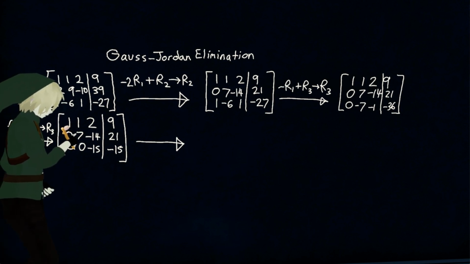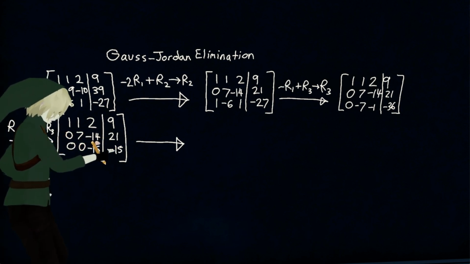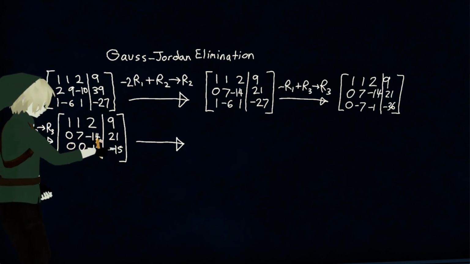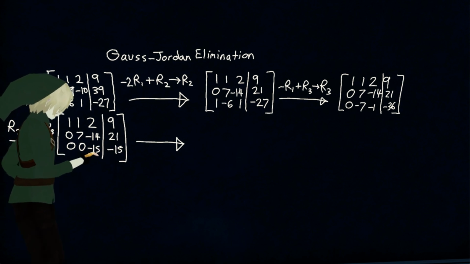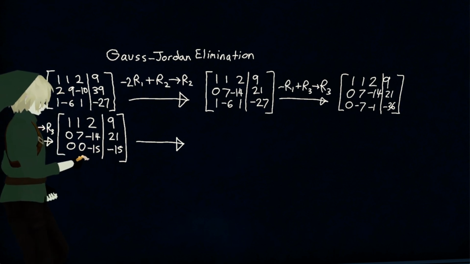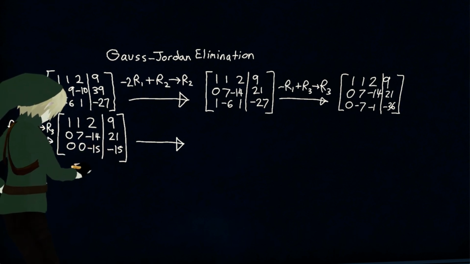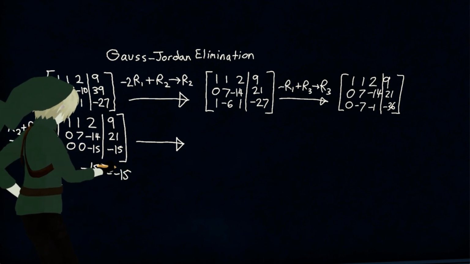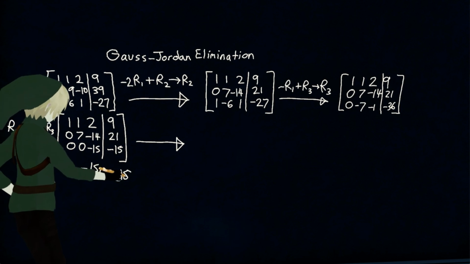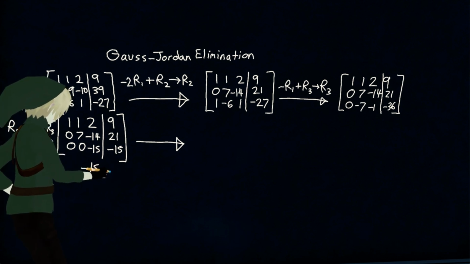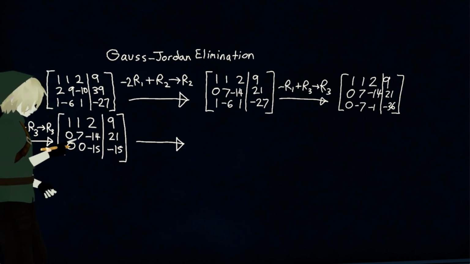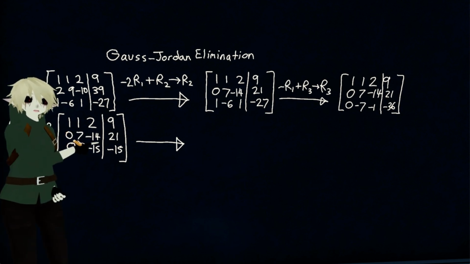Notice that we have negative 15s here. So we could actually divide both sides by negative 15, because this is like negative 15c equals negative 15. That's what this is. So technically, we will be using our first action here.